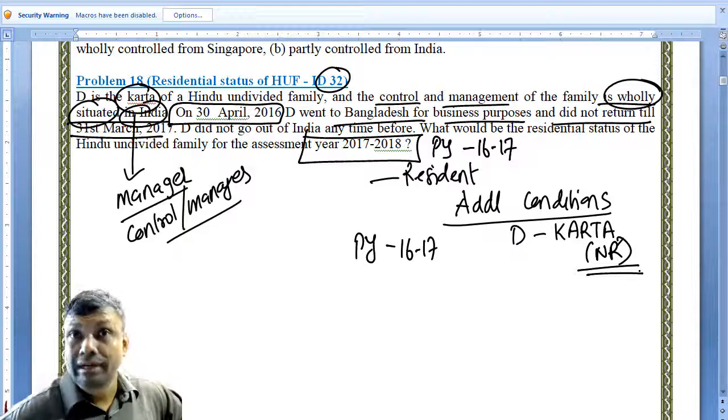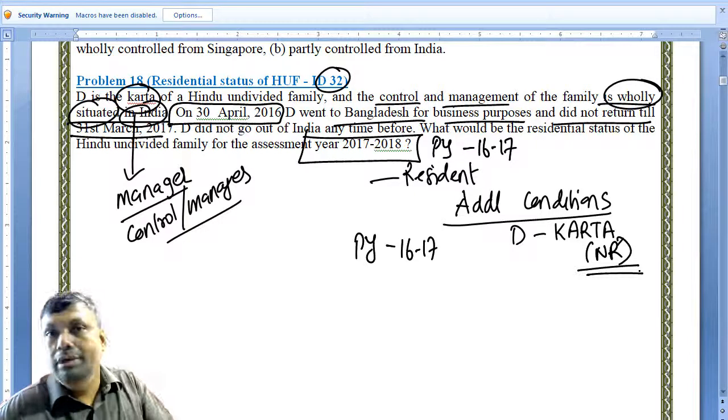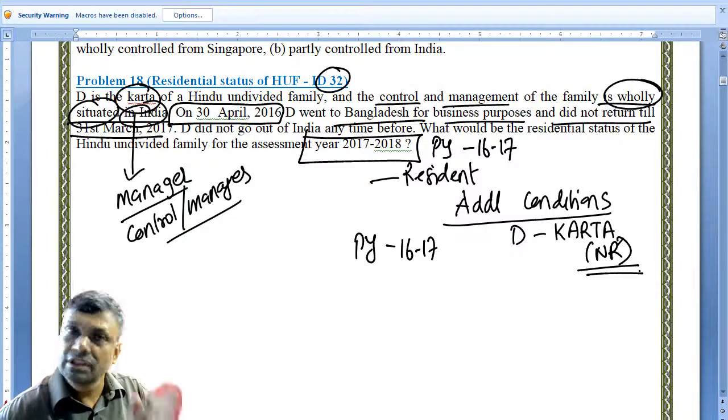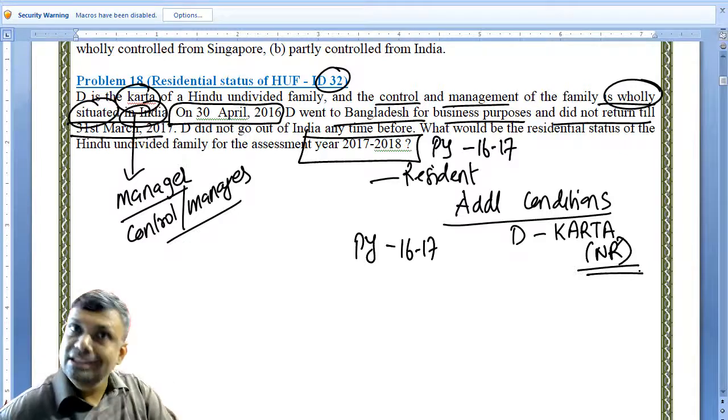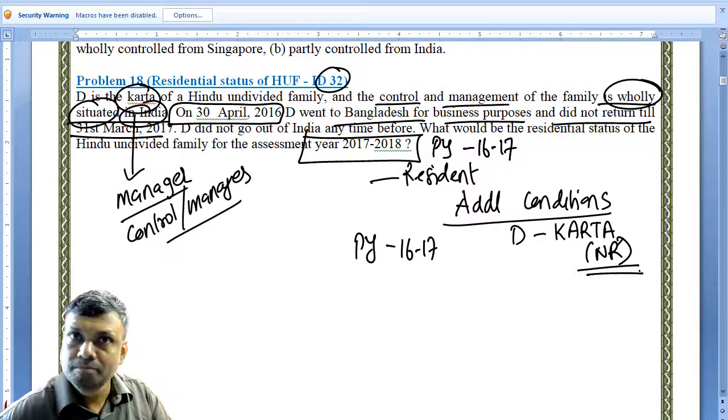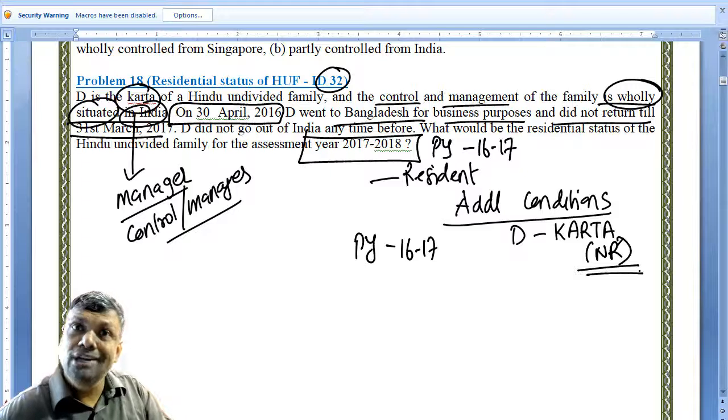So that is one trick, friends, one trick. What is told to you is that the HUF is resident. Listen very carefully. For the same previous year, the HUF is resident, but the Karta is non-resident. It is possible. Have you understood that? But for additional conditions, you don't have to see the previous year status.